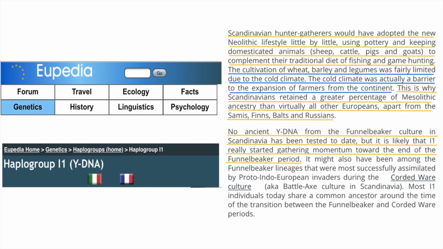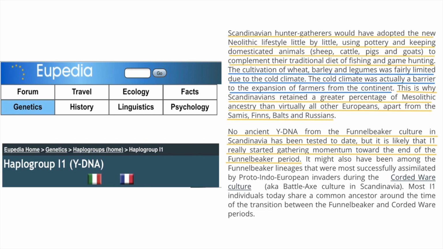The cold climate was actually a barrier to the expansion of farmers from the continent. This is why Scandinavians retained a greater percentage of Mesolithic ancestry than virtually all other Europeans, apart from the Sami, Finns, Balts, and Russians.